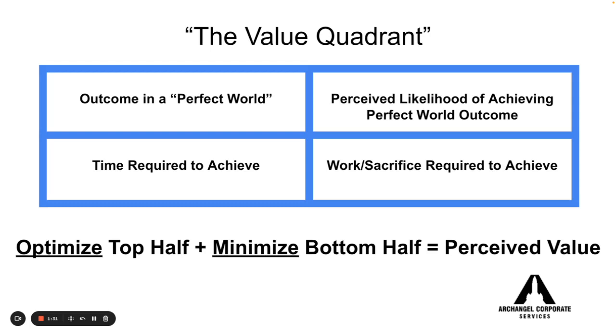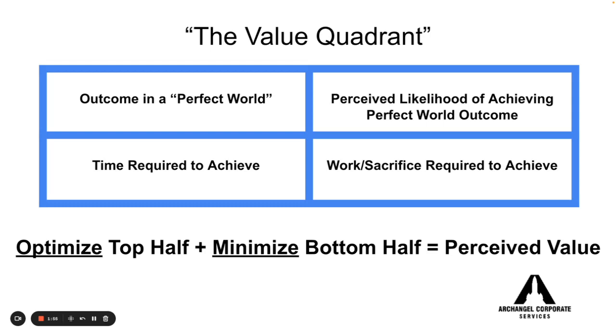Looking at the lower level here, variable number 3, bottom left, time required to achieve. We want to minimize the amount of time required for them to walk away with what they want. Variable 4 is the work and the sacrifice that's required of them in order to achieve that. We want to spoon feed it to them, essentially. We want to make it so that they don't have to lift a finger.